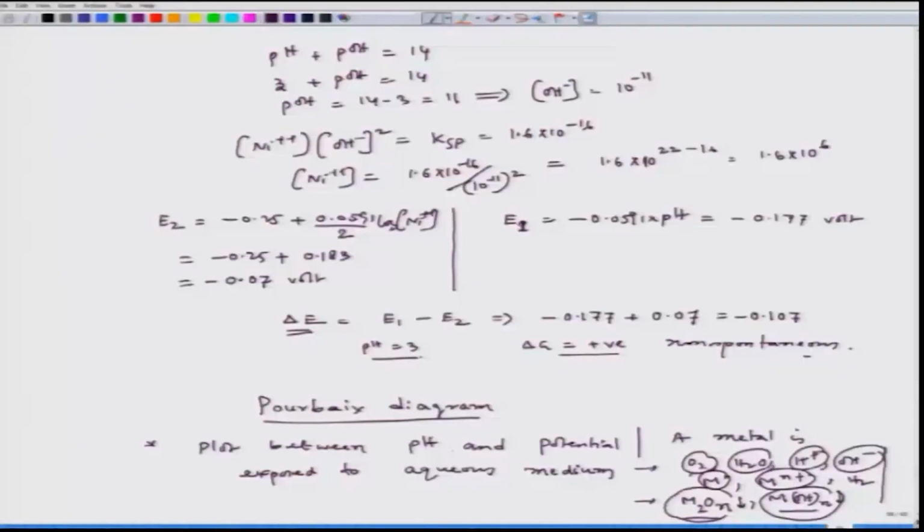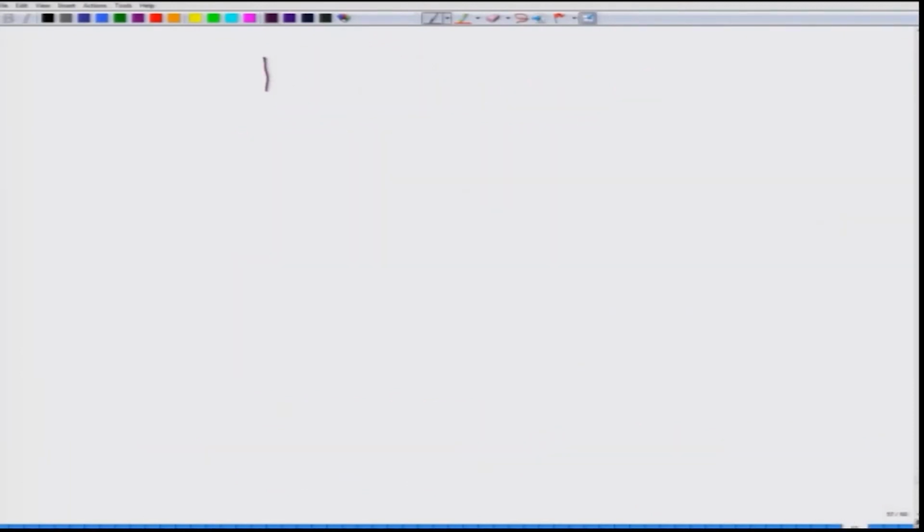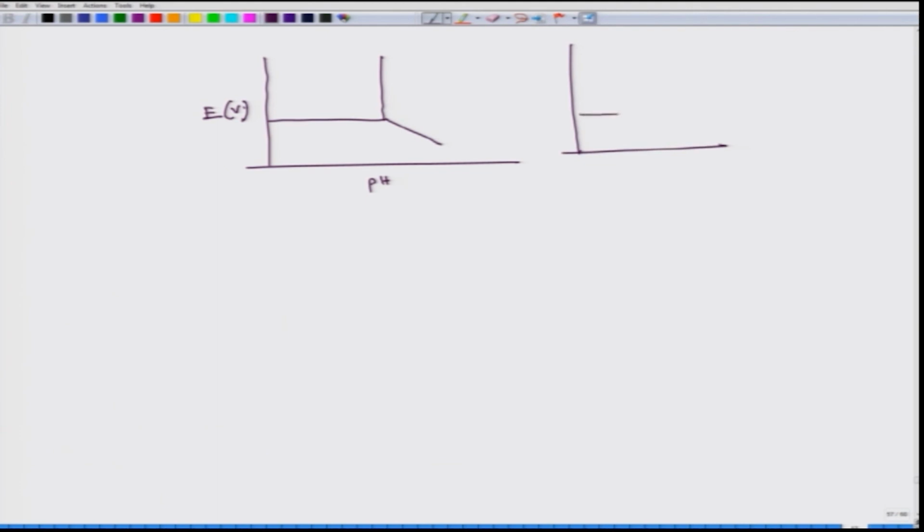So, this is a stability diagram between pH and potential. This diagram has two axes: one axis is pH, which is a number, and the other is potential, which is in volts. If you see a Pourbaix diagram of a certain metal, we can have a diagram like this, or a diagram like this.